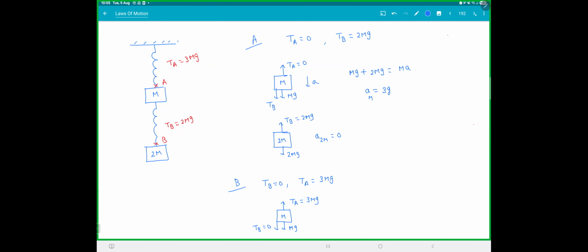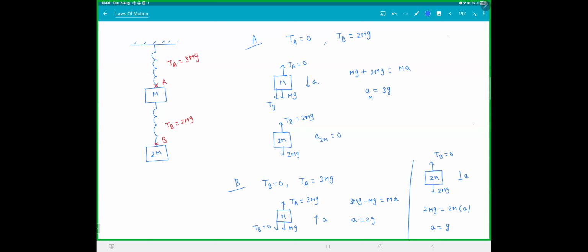So 3mg minus mg equals ma. a will be 2g. So this block will fly up with 2g. What about 2m? TB has become 0. You have your own weight 2mg, so it will be freely falling down. 2mg equals 2ma, so a equals g. Any doubts on this? Please ask me.